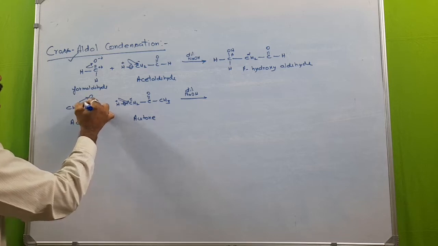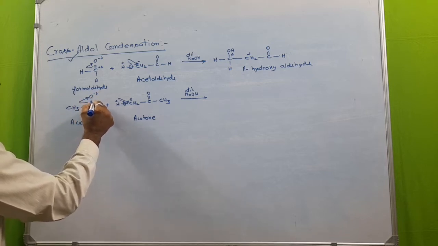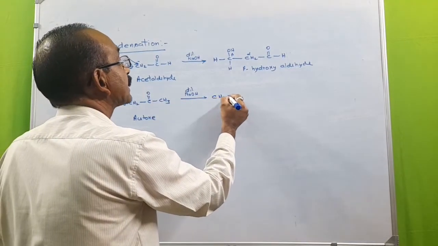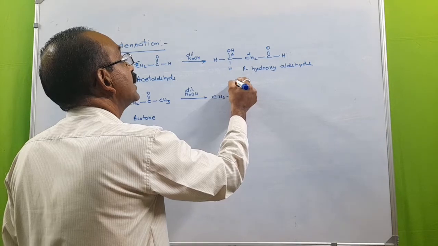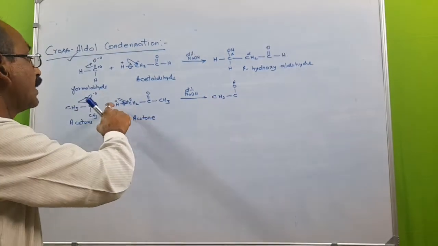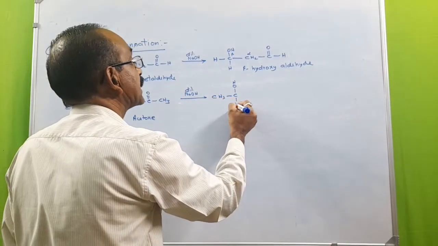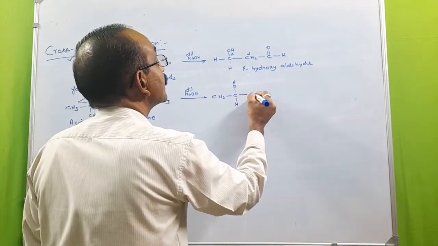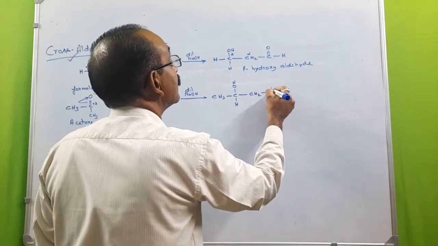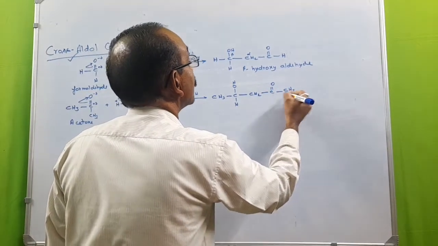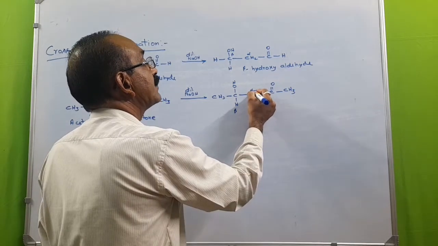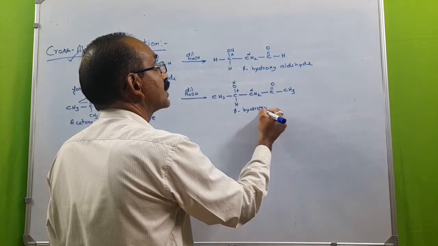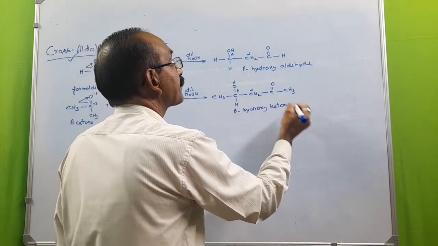Now by the electromeric effect, oxygen will gain a negative charge while carbon will become positive. The electronegative oxygen will form a bond with the alpha hydrogen which is set free as H plus. Now the positively charged carbon will form a bond with the CH2, and here the adjacent one is alpha, the next one is beta. So we obtain a beta hydroxy ketone this time.